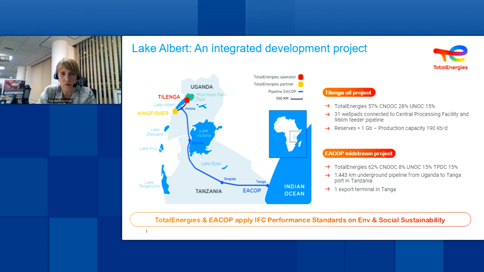This is a 1,400 kilometer underground pipeline, which will take the fluids from the main processing area in Uganda all the way to the shore of Tanzania, the east coast of Tanzania, for onward transportation. So this project is large scale, and we had committed to applying the IFC performance standards on environment and social sustainability on this project.